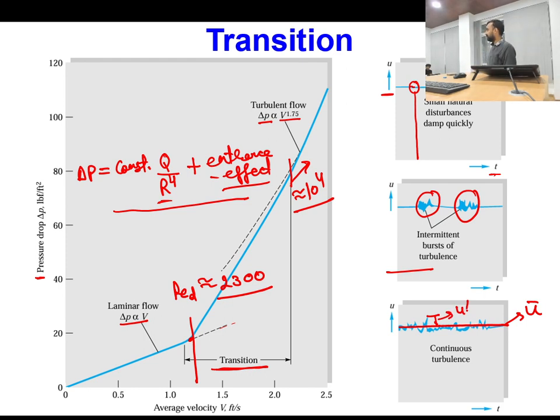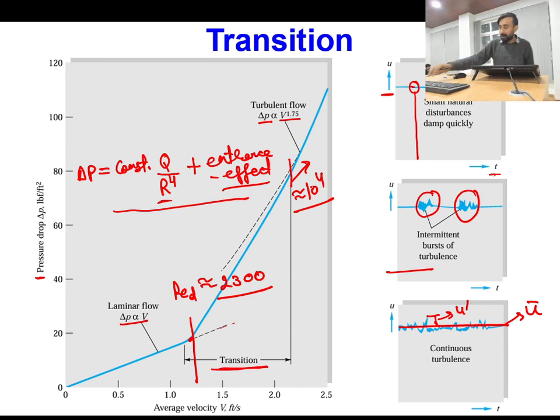Okay, is this point clear? So this is about the transition and how in the initial days, just based on the data of mean parameters, these two regimes were separated.